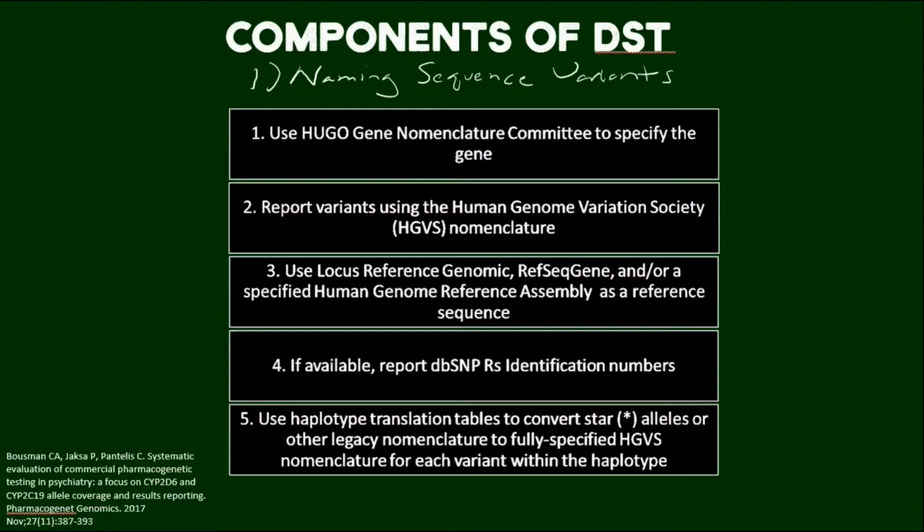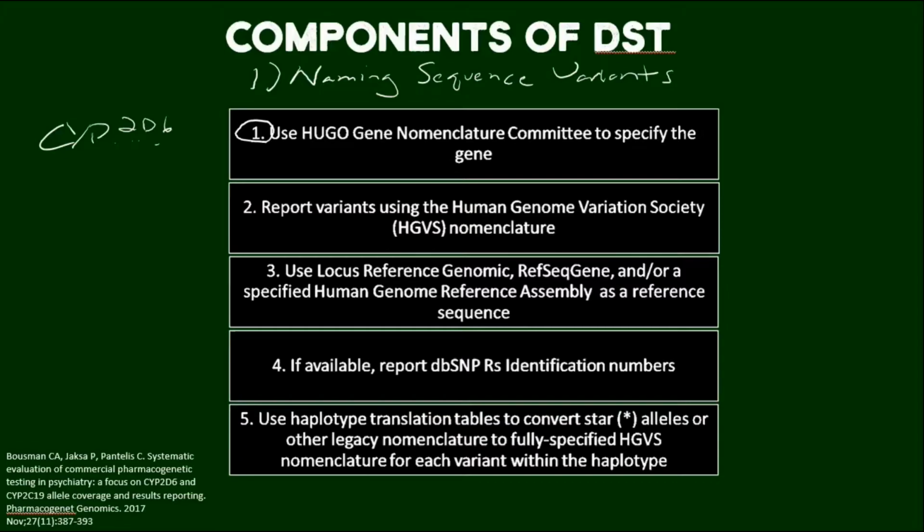They suggest that the decision support tool should report using the human gene nomenclature. In pharmacogenetics, because we're doing a lot of cytochrome P450 testing, you'll often see CYP followed by the subfamily, such as 2D6. That is the use of an approved gene nomenclature name.